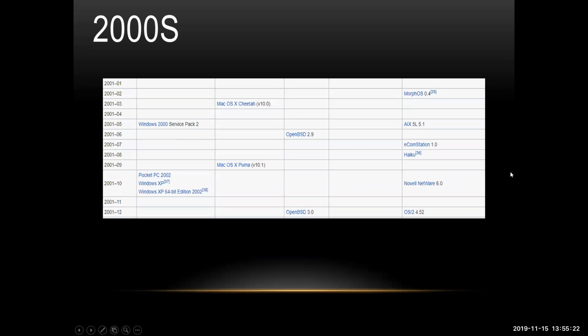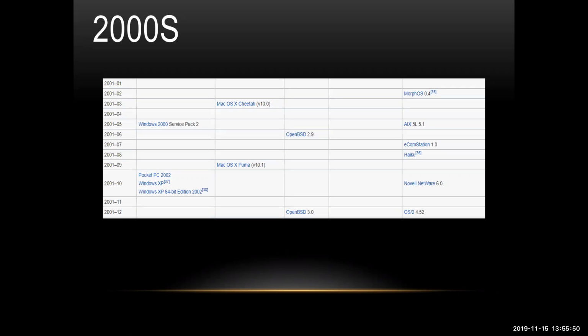For the year 2001, we had MorphOS 0.4, Mac OS X Cheetah version 10.0. We also had Windows 2000 Service Pack 2, AIX 5L 5.1, OpenBSD 2.9, eComStation 1.0, Haiku.